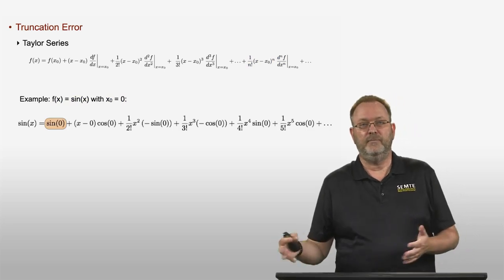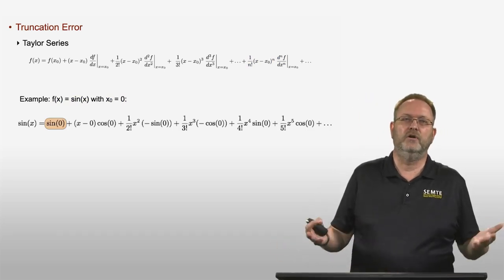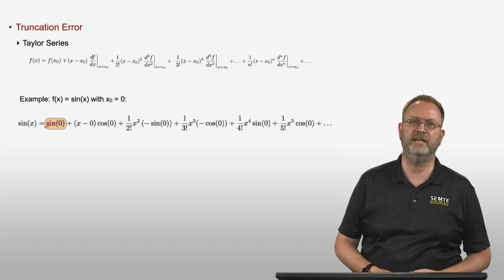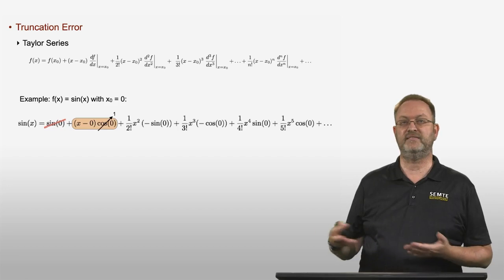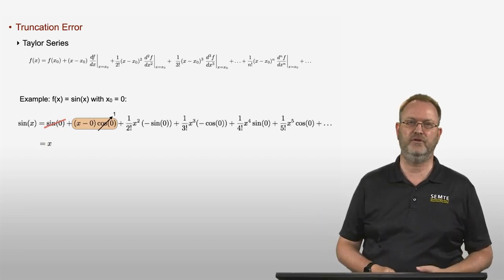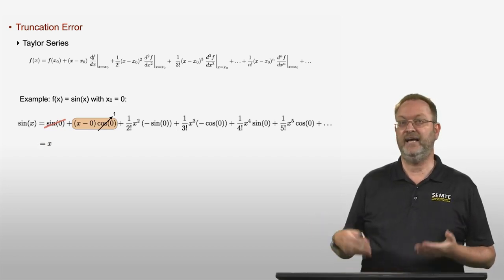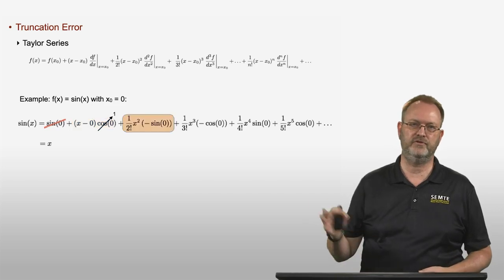Now we know from trigonometry that the sine of 0 is 0, so that term drops out. We know that the cosine of 0 is 1, so we just have x times 1, so just x for this term. Then we have, again, the sine of 0, that's 0, so this term drops out.